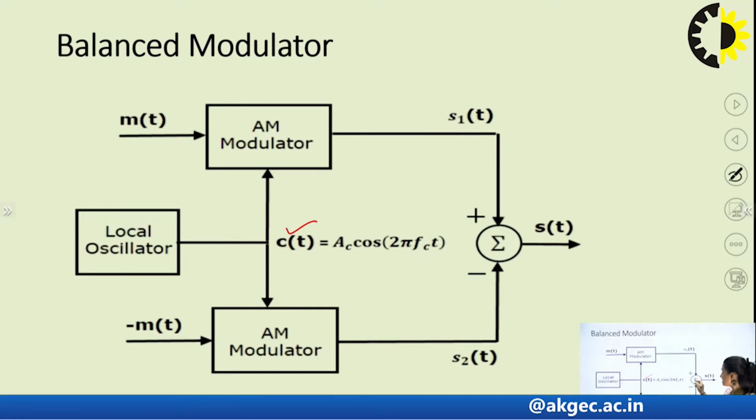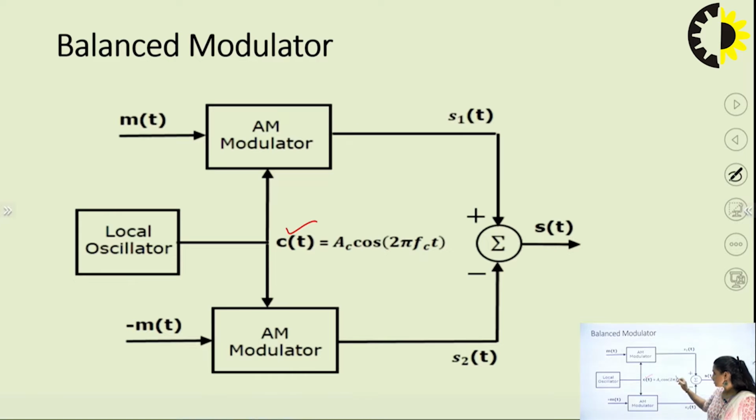Then I will be using my carrier wave as it is. If I am using a simple summer with plus sign, then to this channel I will be using a 180-degree phase reversed form of my carrier. That is, instead of cos, I might be using sine here if I am using plus here, right? Here I can consider for plus the carrier as it is, and for minus this will be subtracted here.